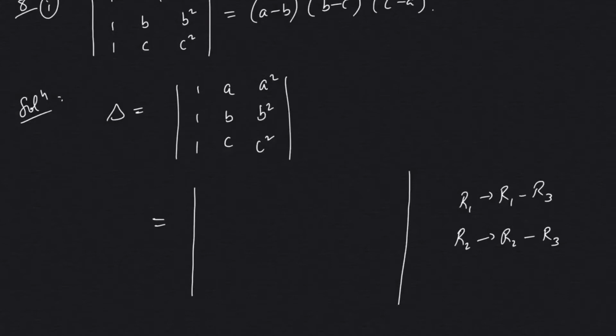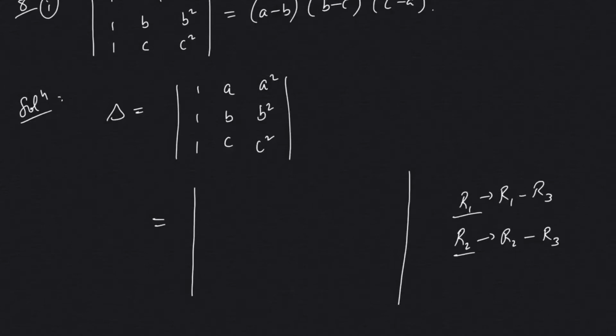We can subtract any two rows or columns, or we can even add rows or columns. That's what we can do. So here R1 and R2 I'll make some changes, and we know that the value of a determinant remains the same if only the rows and columns are interchanged.